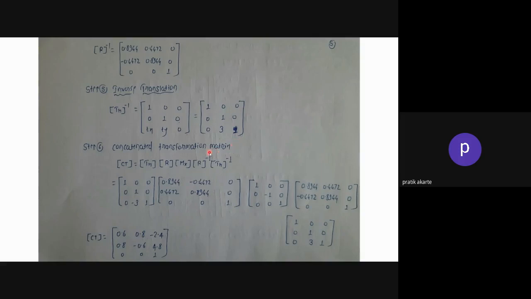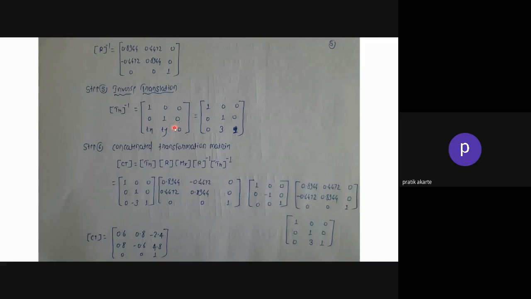So we have gone through all these 5 transformations, and now it's time to find the concatenated transformation matrix or composite transformation matrix. The composite transformation matrix is the multiplication of all these matrices in a sequence. In some literature, they say you have to use the reverse sequence, like inverse translation, inverse rotation, then mirror, then rotation and translation. Remember, in some books it is given as reverse, but for those books they have manipulated these matrices also.